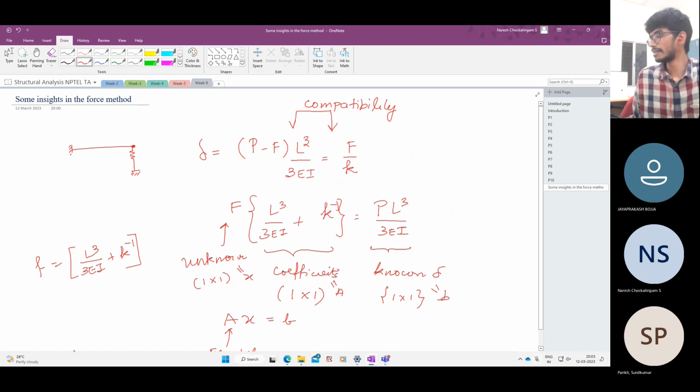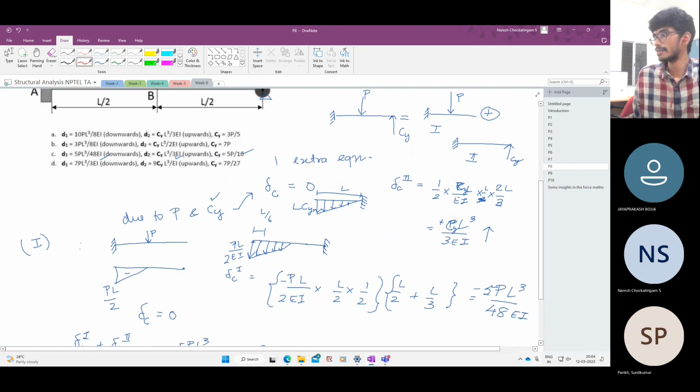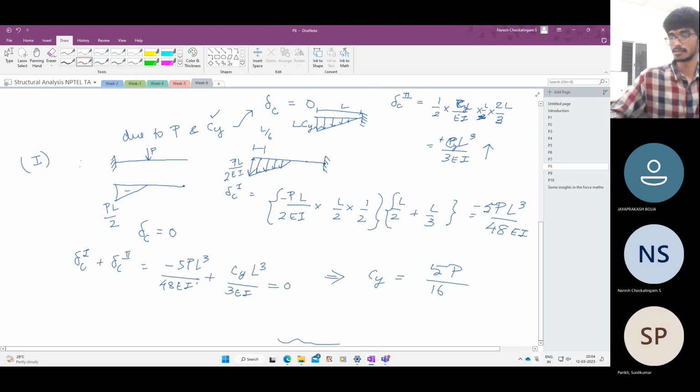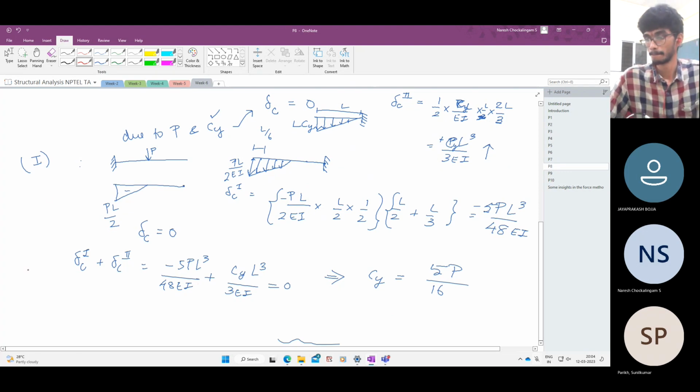Similarly, for problem 8, here is the system that we got: minus 5PL cube by 48 EI plus CY L cube by 3 EI is equal to 0.